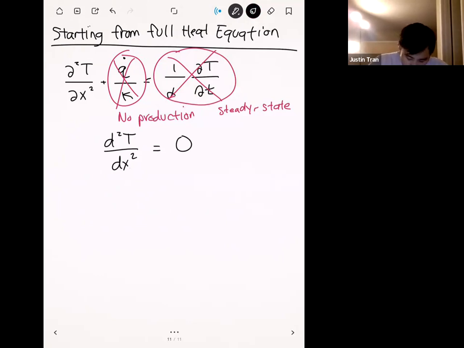A good thing about this is that, yes, this is a differential equation, but it's a fairly simple one. Since we have such a simple ODE, we can solve it by just integrating.